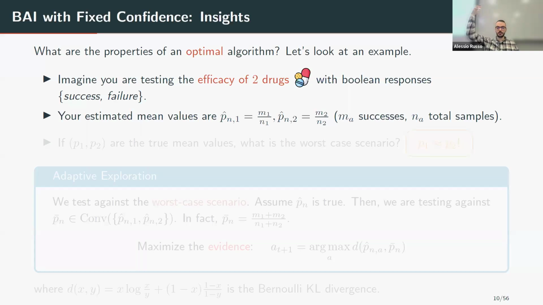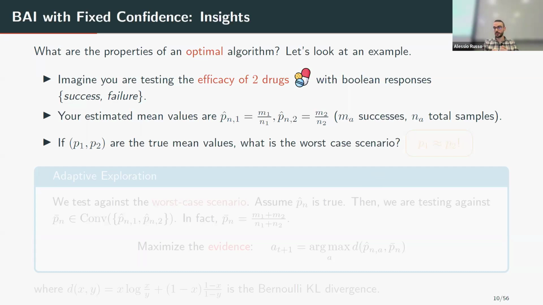And if you remember, what I told you is to think in terms of what is the worst case scenario. The worst case scenario is when the two probabilities, the true probabilities, will be very similar. Because if the true probabilities are very different, it will be easy for you to understand that one drug is better than the other.